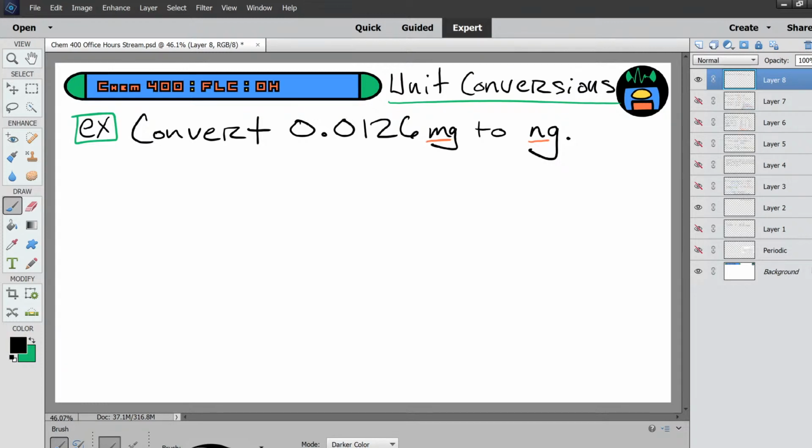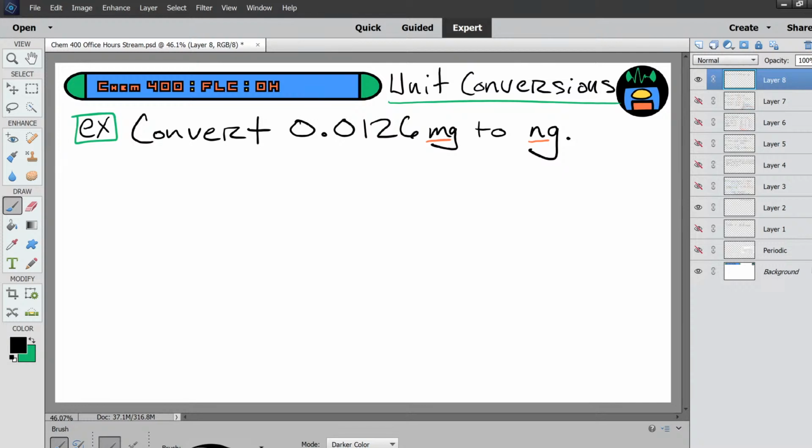All of our prefixes in that table only give us the unit conversions from going to and from a base unit, right? We could go from milligrams to grams, but we can't go from milligrams directly to nanograms, all right? Those prefixes allow you to jump back and forth from base to modified or from modified to base.